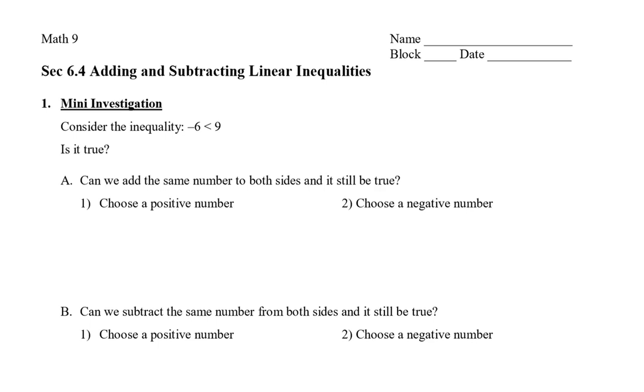Now, we're going to start with a little investigation here. Consider the inequality -6 is less than 9. Is this true? Actually it is, because -6 is a negative number and 9 is a positive number. So yes, indeed, -6 is less than 9.